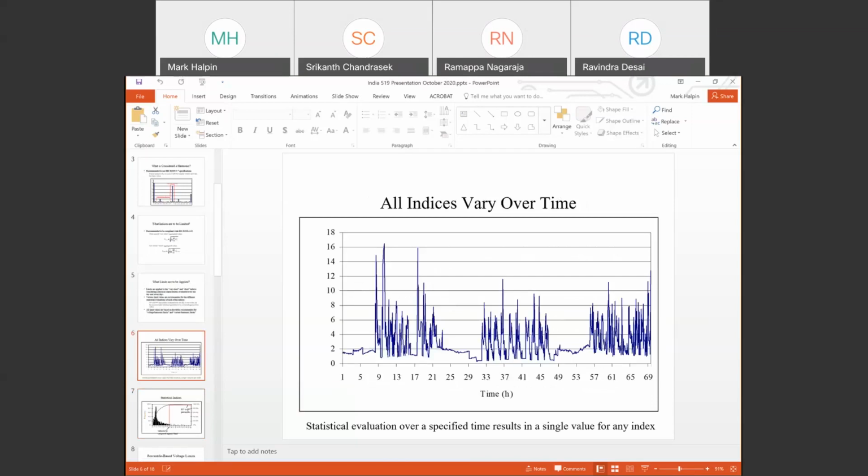Here you can see an example plot. I purposely don't have the y-axis labeled in this, because it doesn't matter what the quantity is that's being plotted. We are all well aware of the fact that all harmonic values change over time.